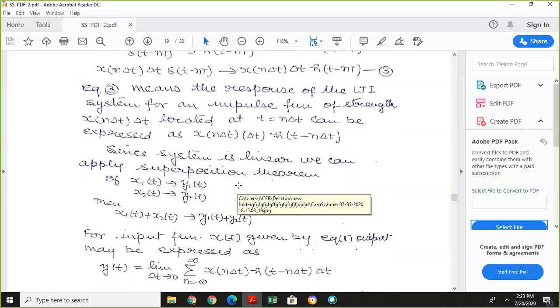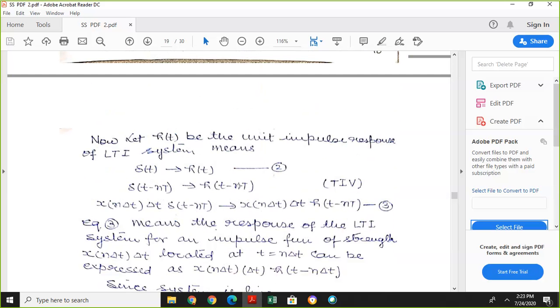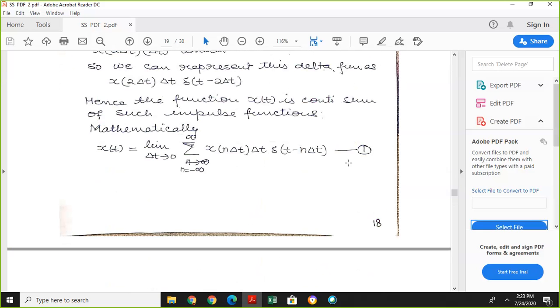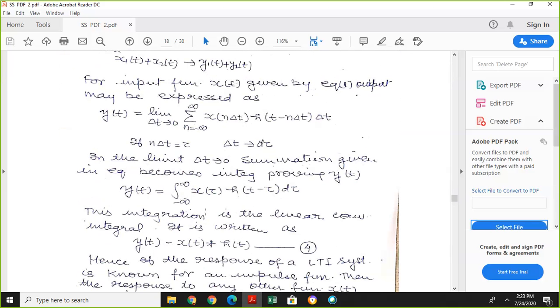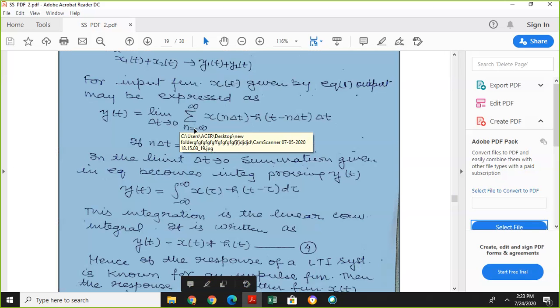So in this case, input is given by this equation. Since the system is linear, we can write the output by the same equation. y of t is equal to limit del t approaches 0, summation n approaches minus infinity to plus infinity x of n del t h of t minus n del t, del t. ये है impulse response.